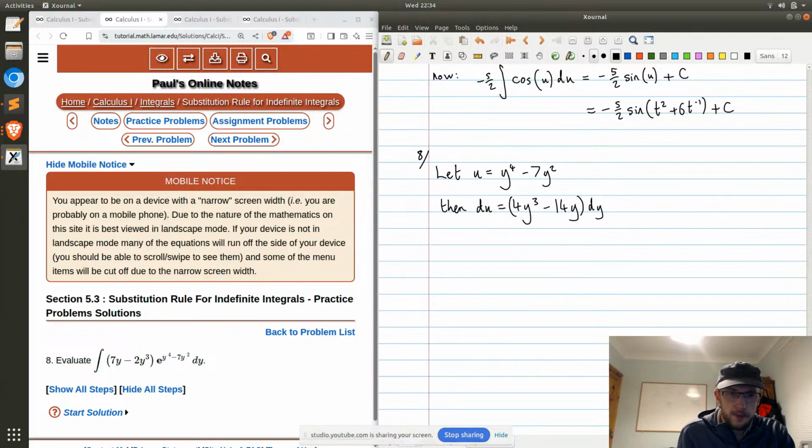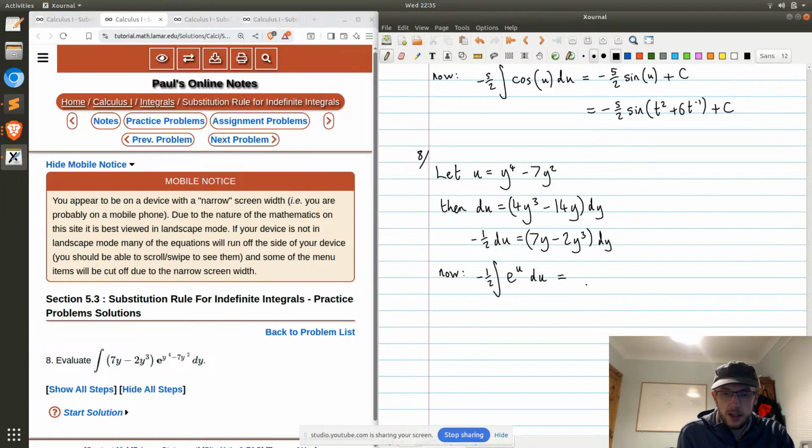Now, multiply both sides by negative a half. We'll get negative a half of du, and that will be 7y minus 2y cubed, and all of that will be multiplied by dy. So the original integral becomes negative a half of e to the u du.